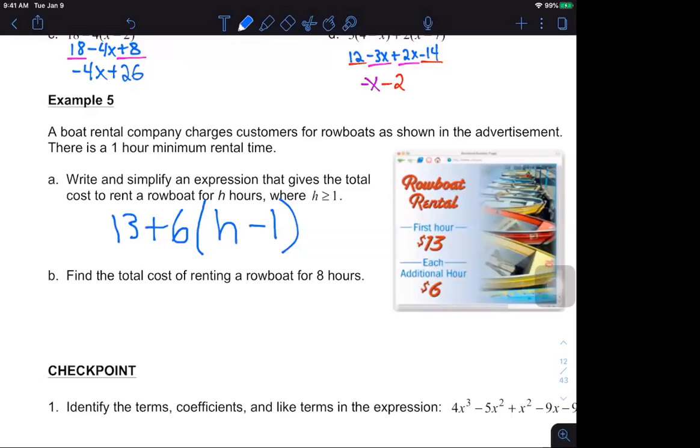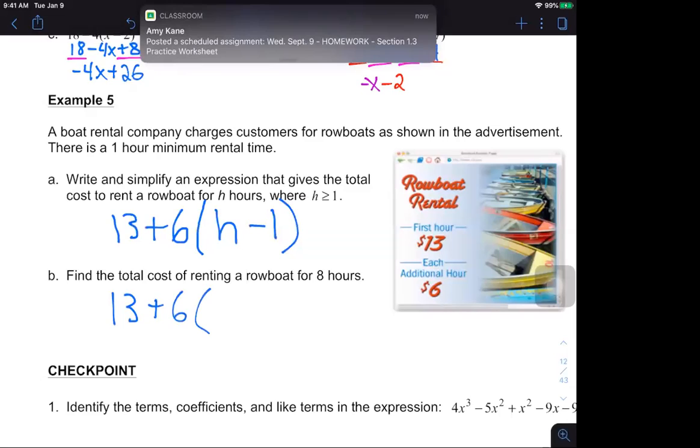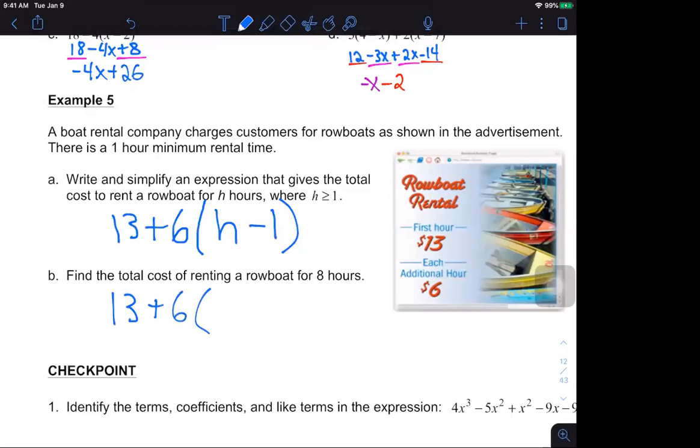Now it says find the total cost of renting a rowboat. Well, all we do here is we plug in. We take 13 plus 6 times, and then we're going to plug in 8 minus 1, and now we just use PEMDAS. 13 plus 6 times 8 minus 1 gives us 7. 6 times 7, somebody have that for us? 42.